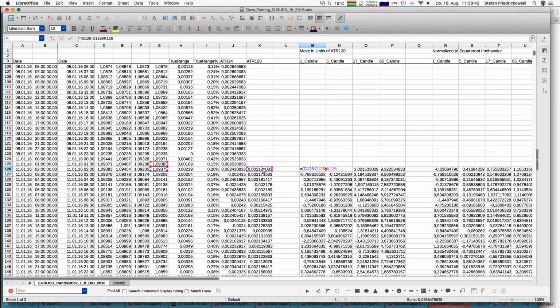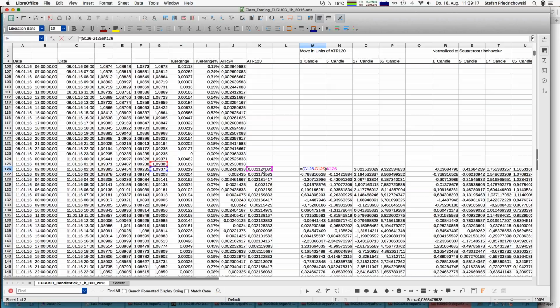What does it mean? It simply means that I measure the movement in units of ATR. This is a good thing, because a movement is a movement, or a price change. But whether that price change is big or small has to be seen always in the context of the current volatility.